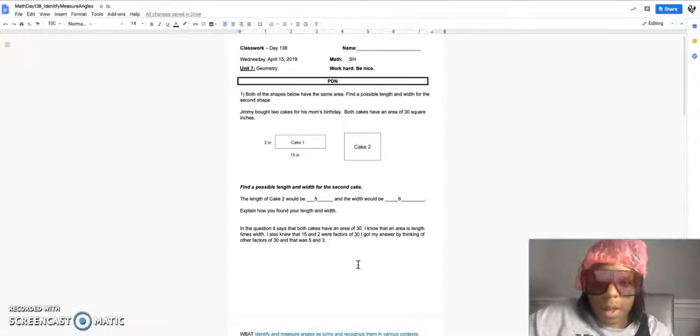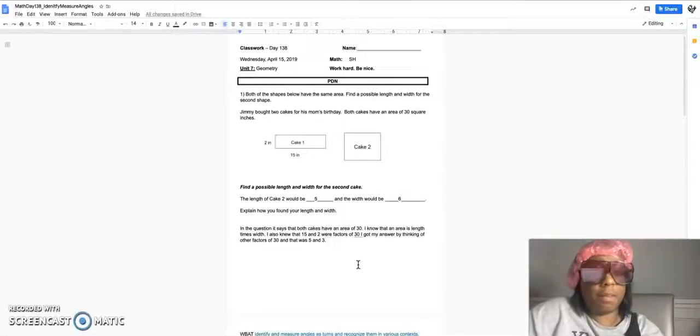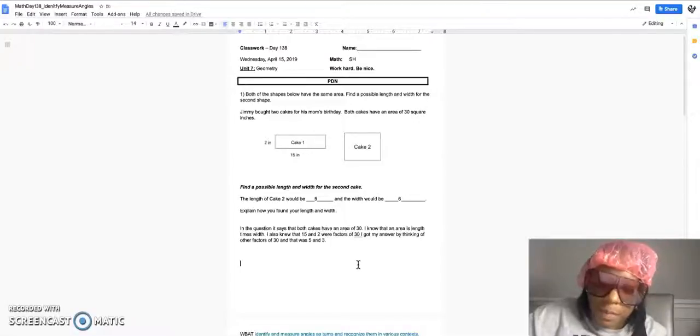So I also knew that 15 and 2 were factors of 30. Now, who remembers that term, factors? Factors are numbers that can be multiplied together to find the answer. Now, if we're looking for factors, we know that 15 and 2 are factors of 30.